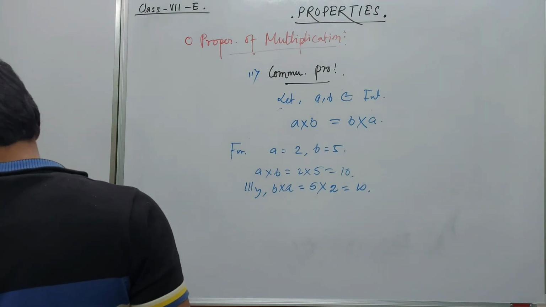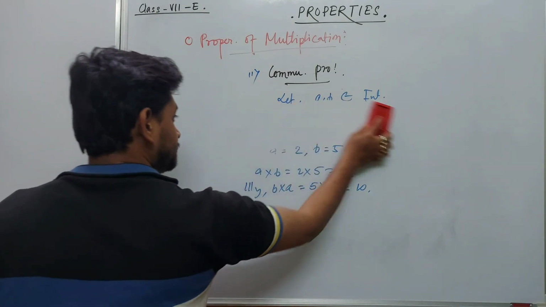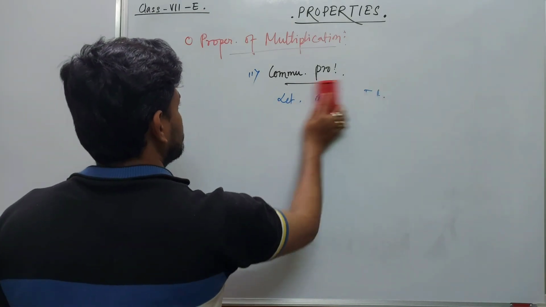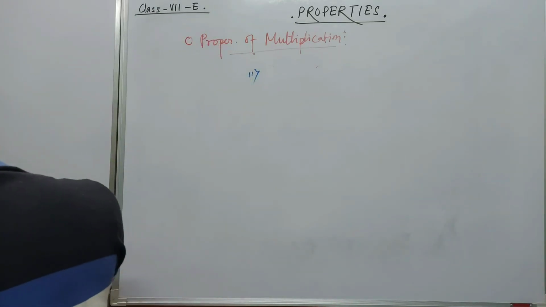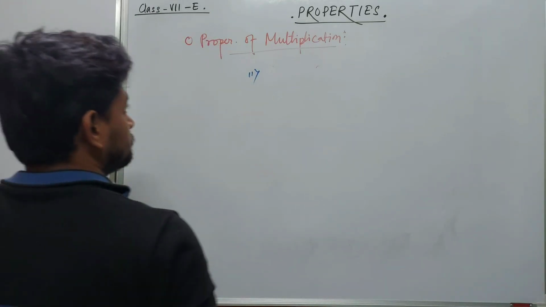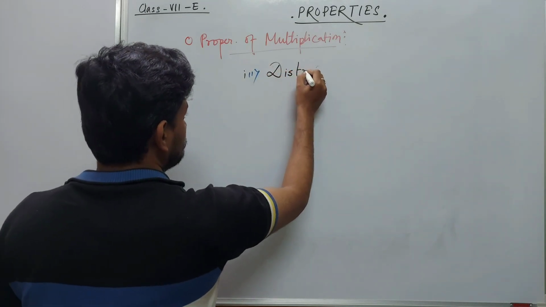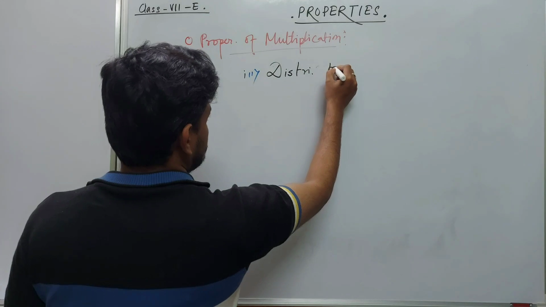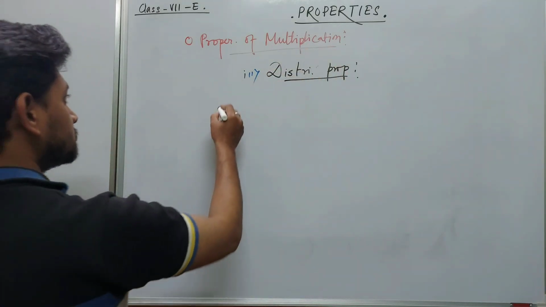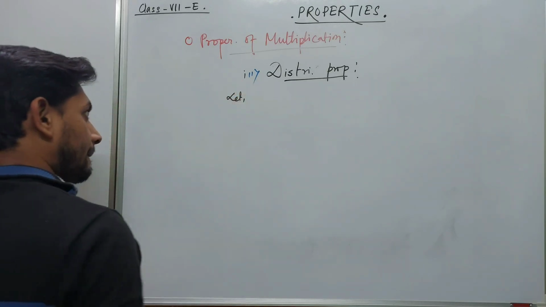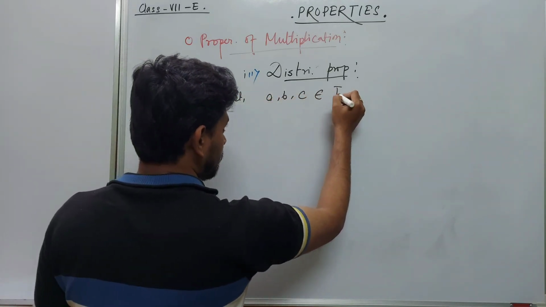Next property is distributive property. What is distributive property? Point number 3, distributive property. Let A, B and C belong to integers.